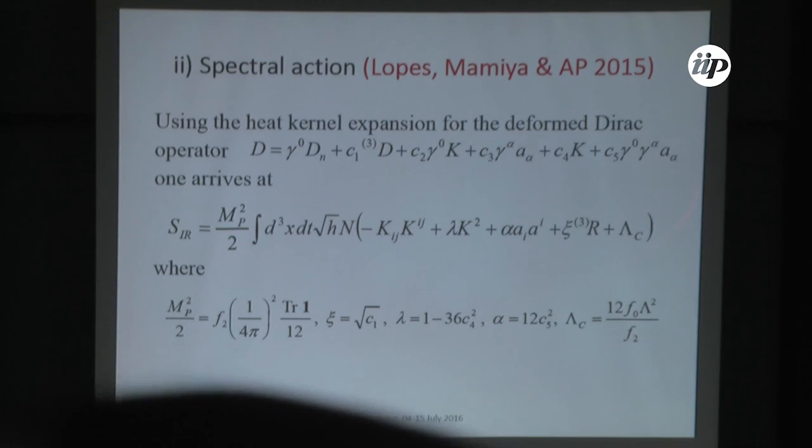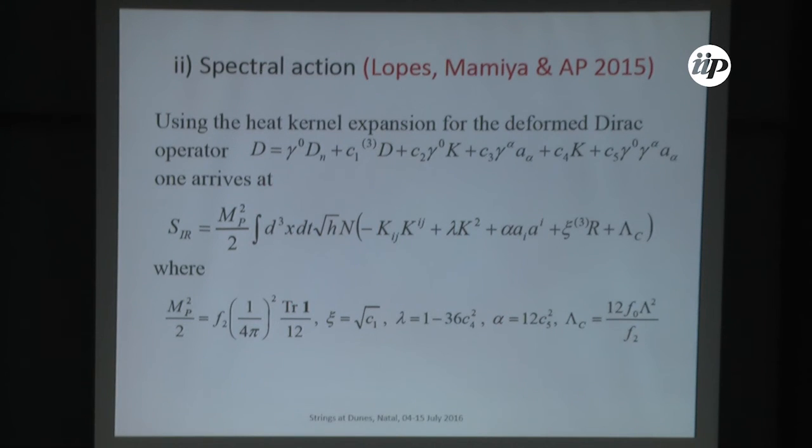The advantage of this approach, which I will tell just in words, is the following. If I insist that matter couples through the same Dirac operator, the same coefficients C1, C2, C3 enter as Lorentz violating parameters. The gravity, as was mentioned yesterday, for example this post-Newtonian parameter beta, is restricted, but not that much, like 10 to the minus 4.